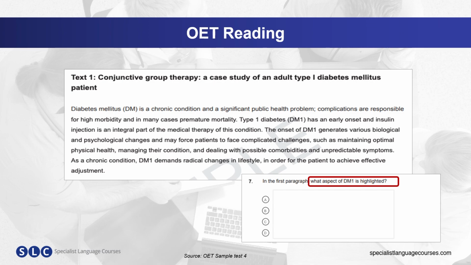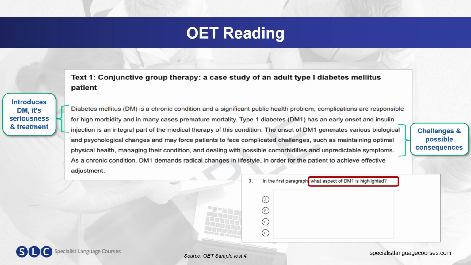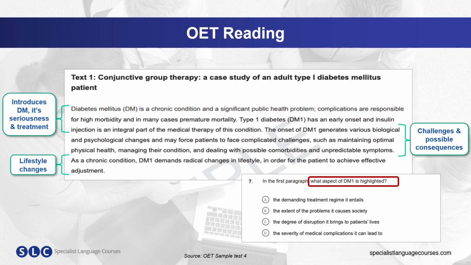Now, if we read and break down the paragraph, we can see that first, it introduces diabetes mellitus, its seriousness and treatment. In the rest of the paragraph, the writer discusses the challenges patients face, possible consequences, as well as radical lifestyle changes. So now let's look at the options and notice the difference in meaning of the keywords.